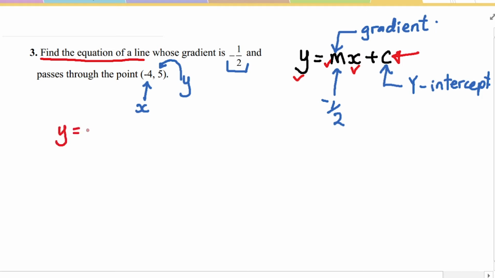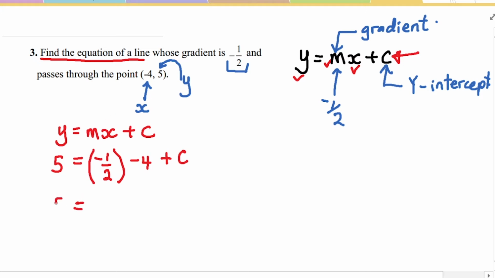We are going to substitute. We know that y is equal to mx plus c, and our value of y is 5, which is going to be equal to our value of m, the gradient, which is -1/2 according to the question, times the value of x. Our value of x is -4, plus c. So let's find the value of c. This becomes 5 is equal to, divided by 2 once, divided by 2 twice, -1 times -2 is +2, plus c.